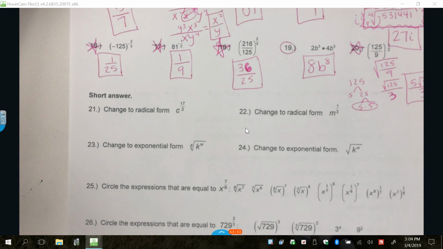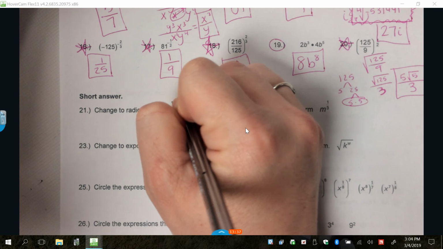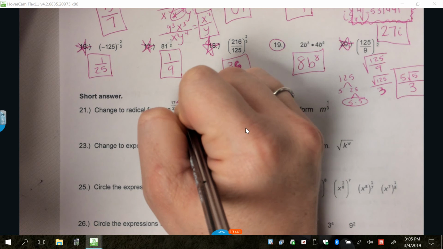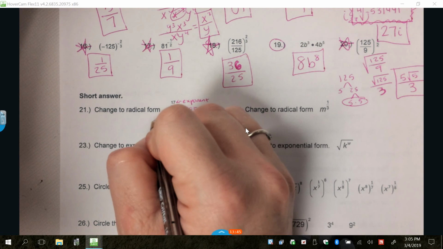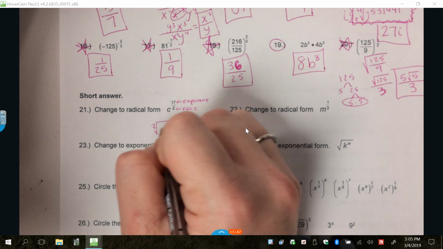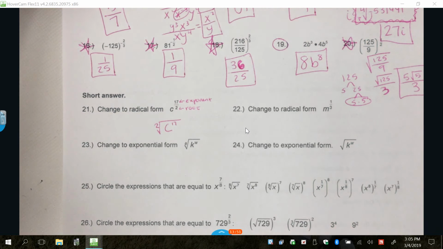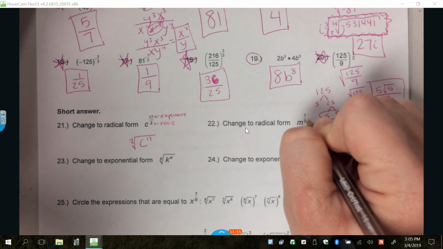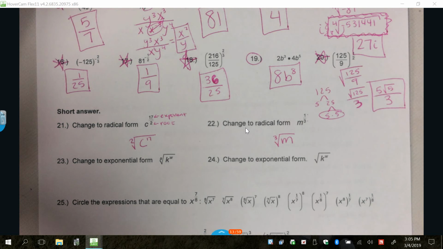Let's look at 21. So remember, the top is your exponent, your cowboy, and the bottom is your horse, your root. So this is a square root of c to the 17th power. So again, just like number 21, exponent, root, so cube root of m to the first power, which is just m.